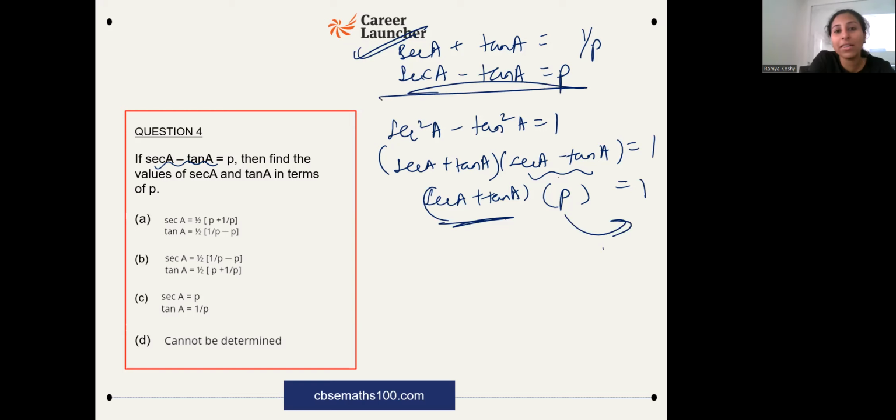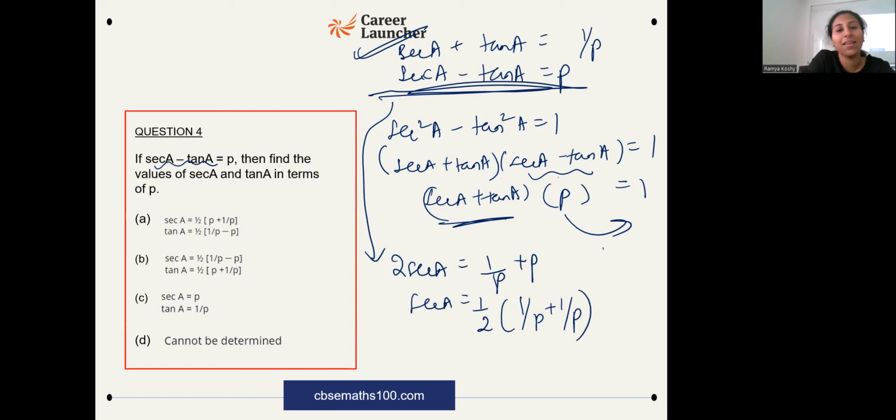Now, when you solve these two like linear equations using elimination, when you add these two up, you will get 2 sec A is 1 by P plus P. That means sec A is half of 1 by P plus P. If you subtract both, you will get 2 tan A is equal to 1 by P minus P. So tan A is equal to half of 1 by P minus P. What's the answer?